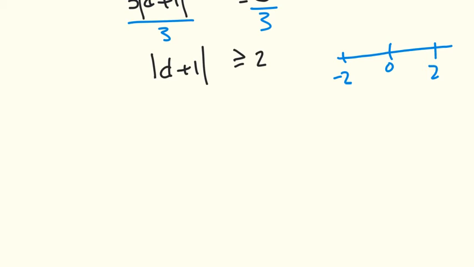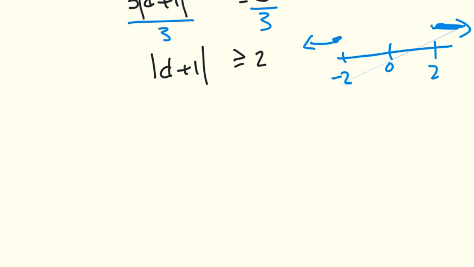It's going to be either out here somewhere or down here somewhere. So its distance from 0, its absolute value, has to be bigger than 2, meaning that it's out here above 2 or down here below negative 2.